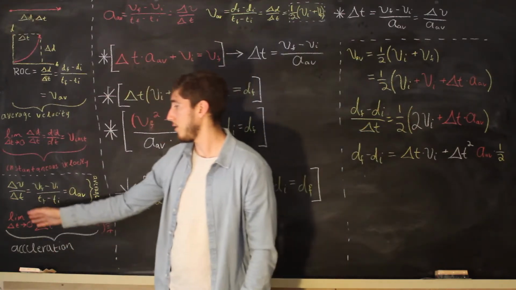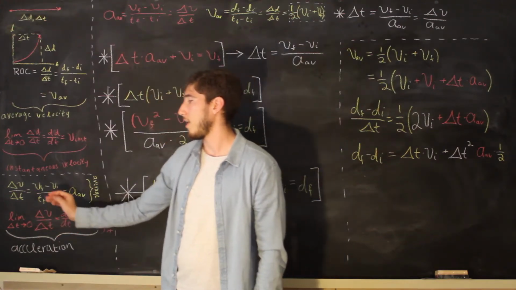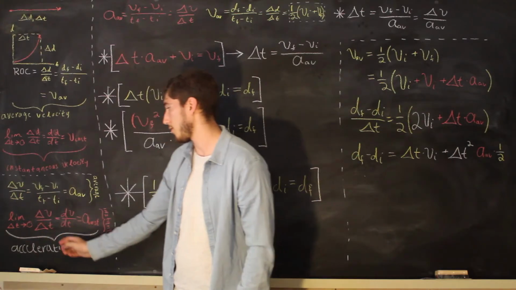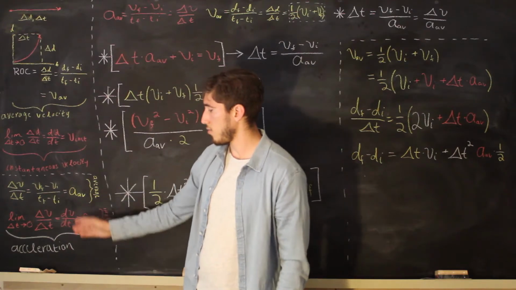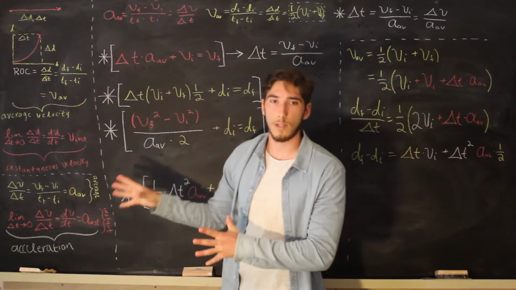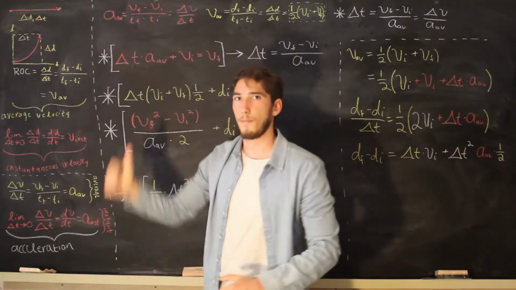So we'd have the limit of the change in velocity over the change in time as change in time gets infinitely close to 0, or goes to 0, which is also noted as dv over dt, which is equal to the instantaneous acceleration.